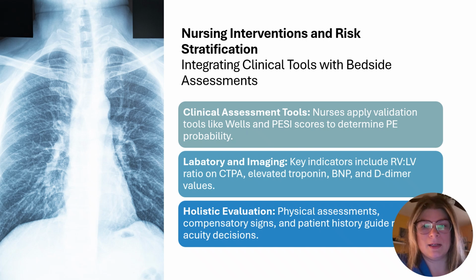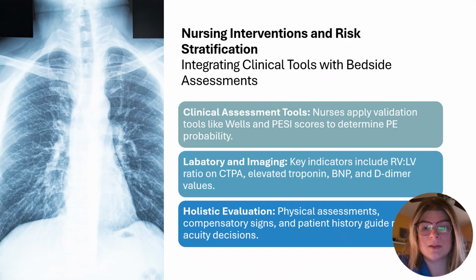Assessment doesn't stop there. Lab markers like troponin, BNP, and D-dimer, along with imaging data such as the RV-LV ratio on CT scans, help confirm RV strain. Nurses must be trained to interpret these data in context to patient presentation. Equally important is the nuanced evaluation of clinical signs and history.